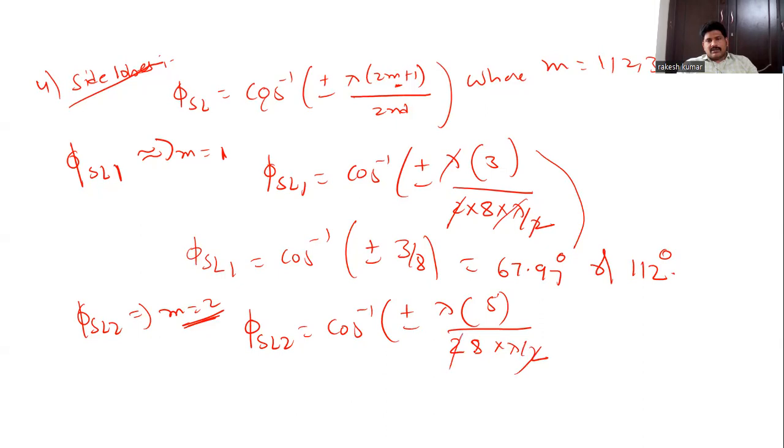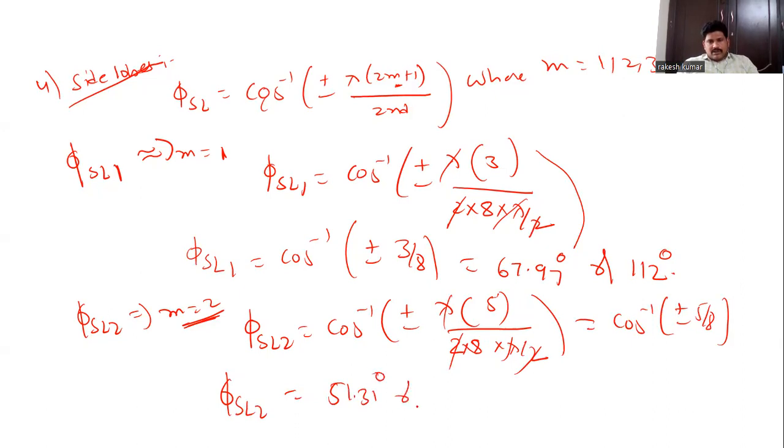The 2 will get cancelled, lambda will get cancelled. So the value is cos inverse of plus or minus 5 by 8. Its value is 51.31 degrees and 128.68 degrees.